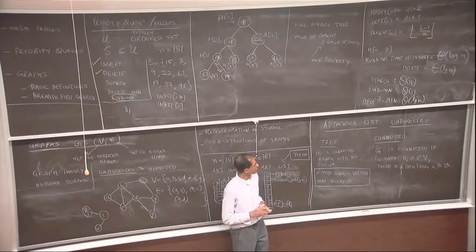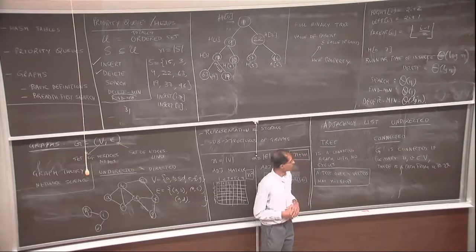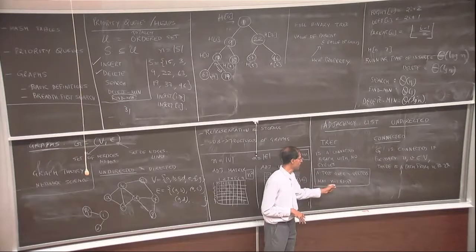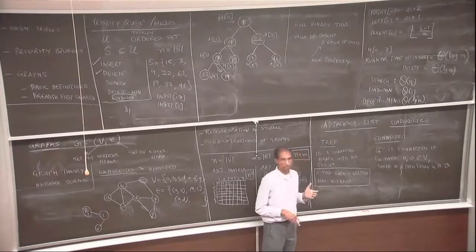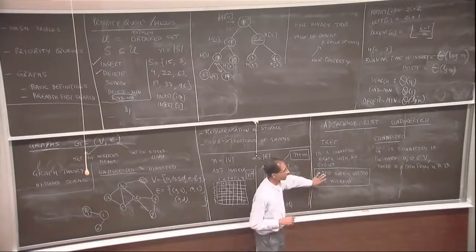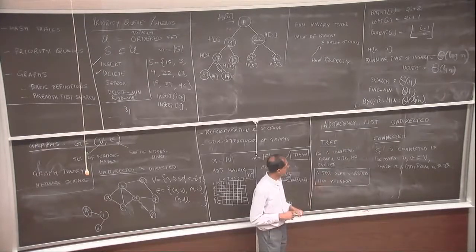So a tree over n vertices has exactly n minus 1 edges. And if a graph over n vertices has n minus 1 edges and is connected, then it has to be a tree. This is really a worthwhile thing to try to prove yourself by induction.